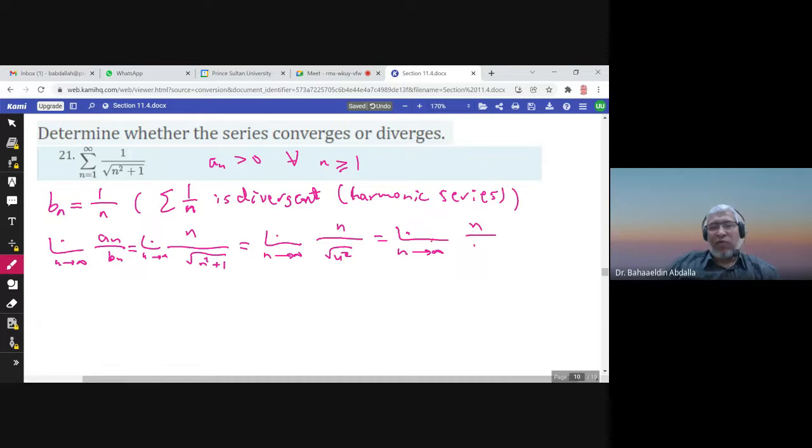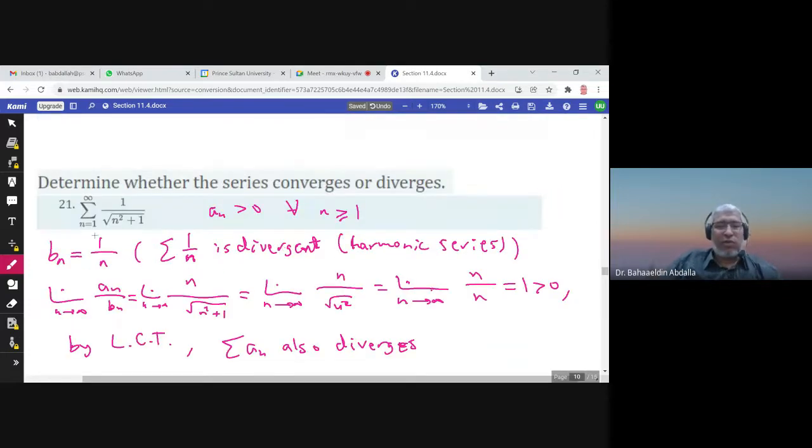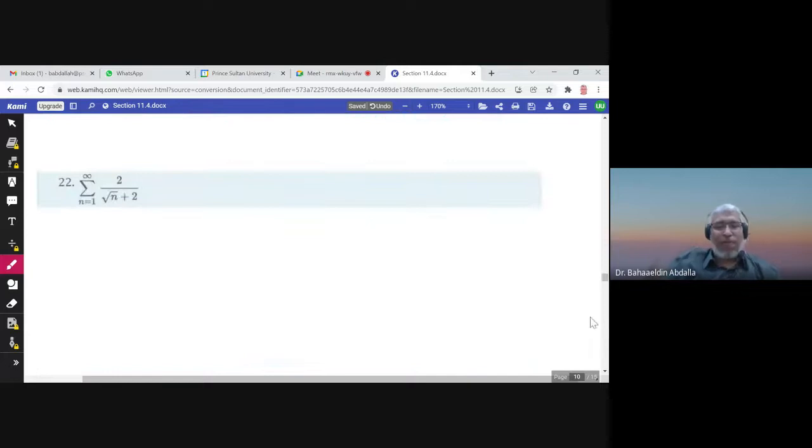It starts from 1. So the limit is 1, greater than 0. So by limit comparison test, summation an also diverges, because summation 1 over n diverges.